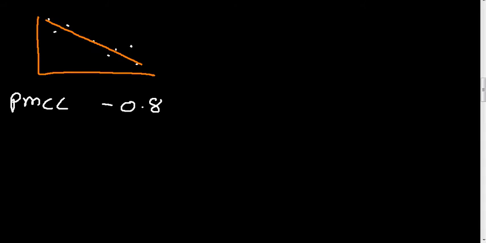If there is a perfect negative correlation, so if this was your scatter graph and all the dots were on this line of best fit, that would be a perfect negative correlation. That would have a PMCC of -1.